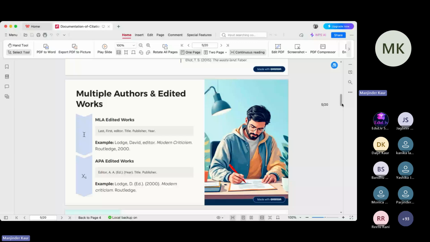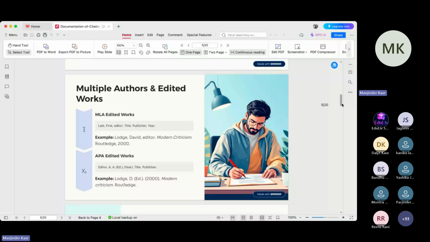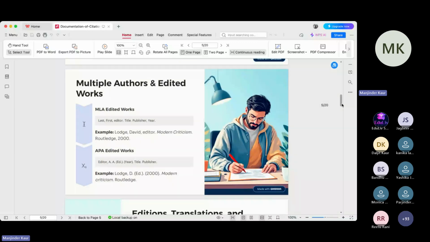Okay. Now come to multiple authors and edited works. Edited works means there is an editor and there are contributors. Supposedly there are 15 chapters, so there can be 15 different contributors, 15 different articles, 15 different chapters. So what do we do as per MLA in the edited work?